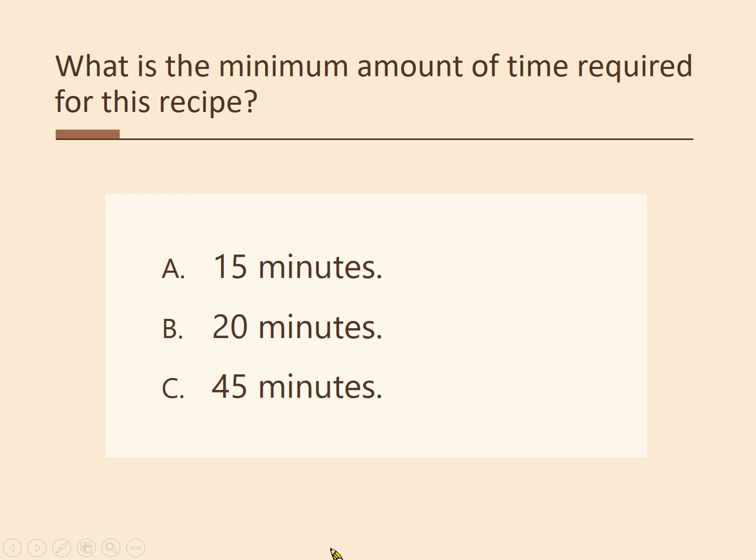To answer this question, you need to focus on the amount of time mentioned here. After scanning, you should see 20 minutes in the fridge and another 15 to 20 minutes in the oven. Add those to the time required to prepare the paste. You need more than 35 minutes, so the answer is C.